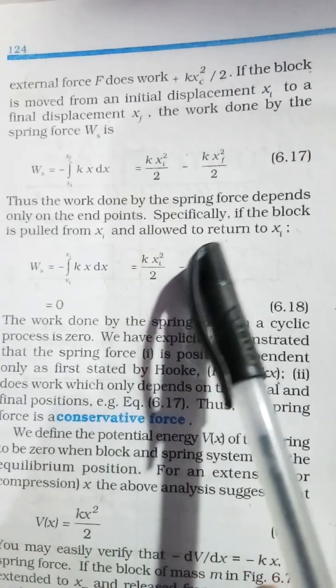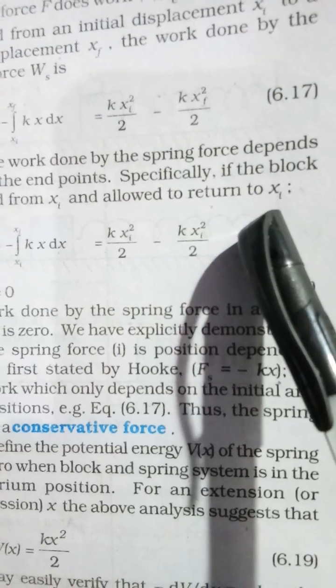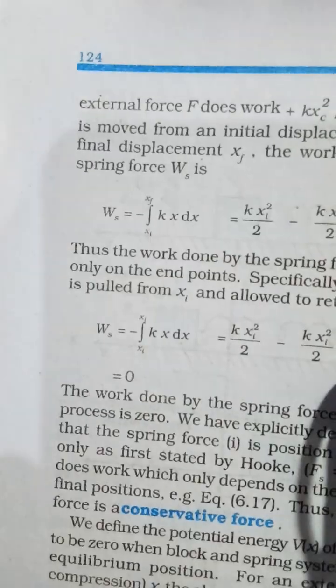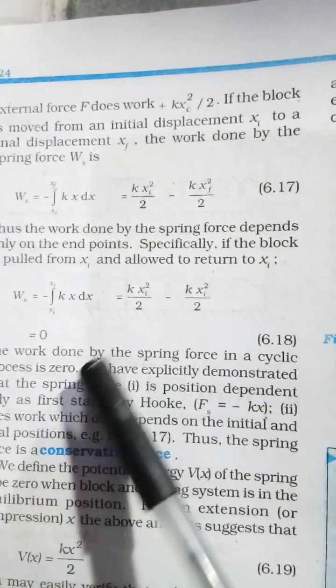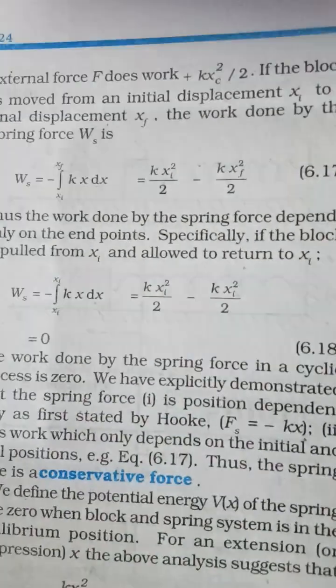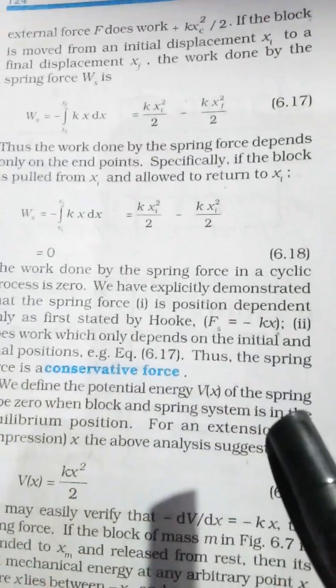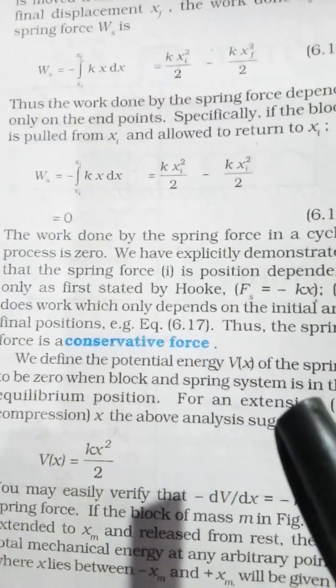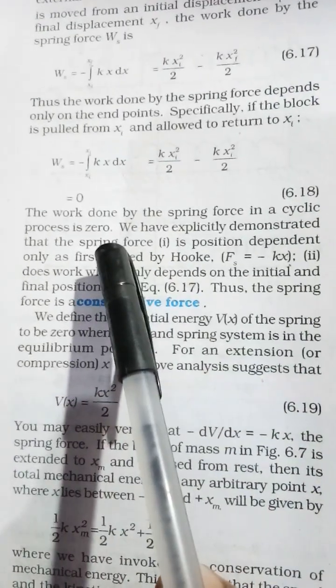Specifically, if the block is pulled from xi and allowed to return to xi, the work done by the spring force in a cyclic process is 0.